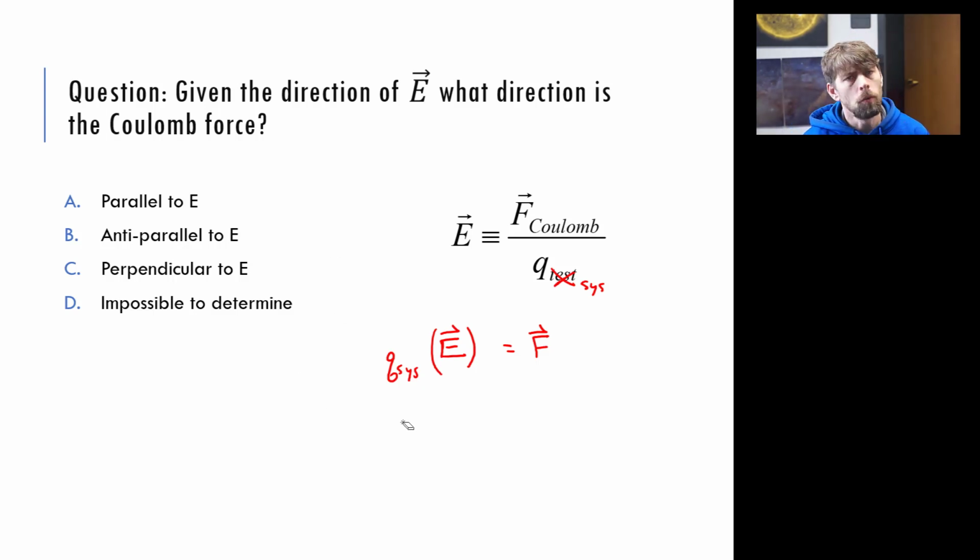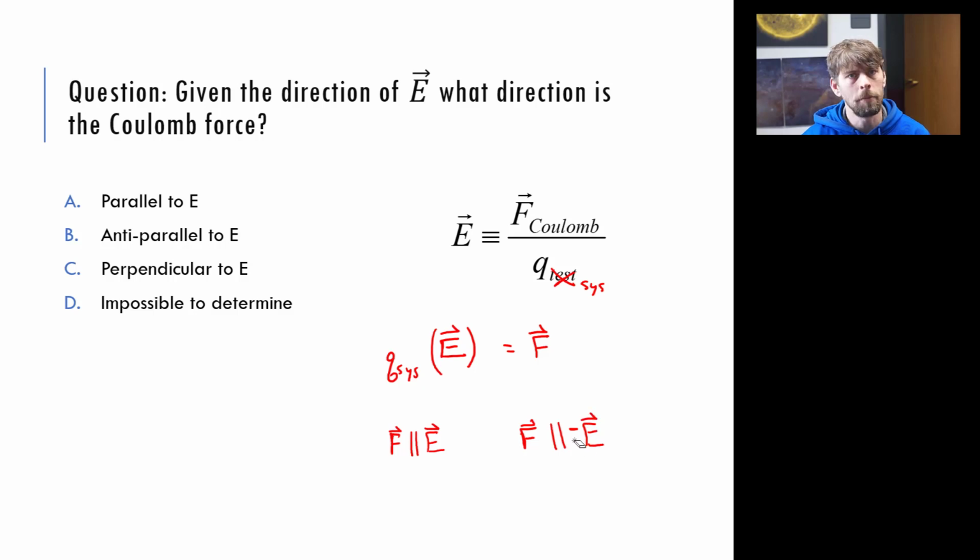This means that I should be very careful here, because there are two options. Either the system charge is positive, and then the Coulomb force is in the same direction as the electric field, or the system charge is negative, and that means the Coulomb force is in the opposite direction of the electric field.